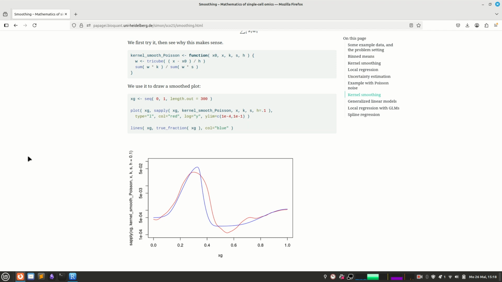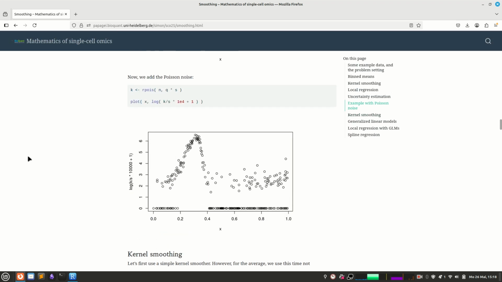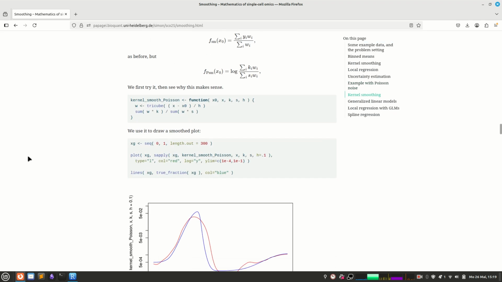That is why the points up here are closer together, while at the bottom they spread over a larger region. That's quite crucial to always keep in mind when you're talking about the Poisson. On absolute scale, the noise increases, but only with the square root of the mean. So once you take the logarithm, the noise decreases, which is also one of the reasons why I used the logarithm here, because usually you're interested in relative noise, that is, noise as a proportion of the mean, and not in absolute noise.